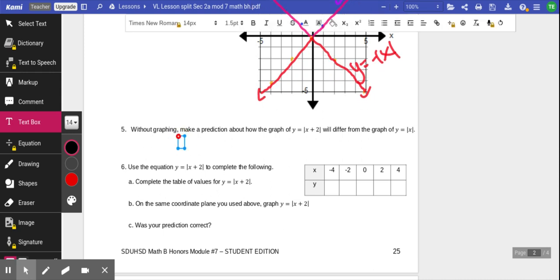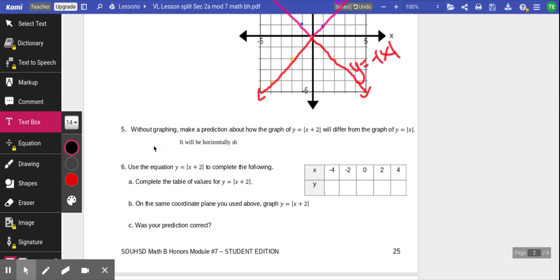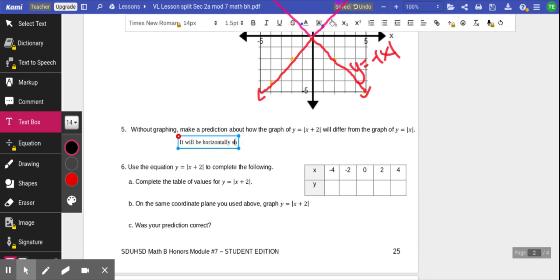So it will be horizontally shifted two units to the left.